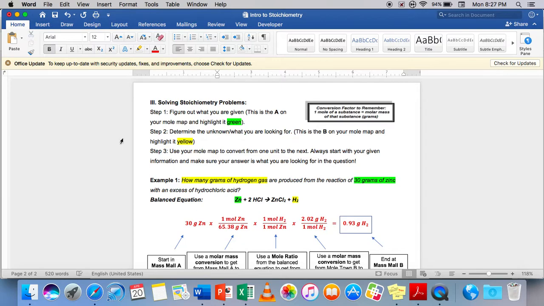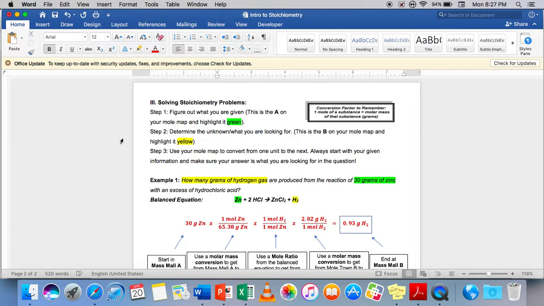Step number 2 is determine the unknown. So this is what you're looking for. In each problem, there's going to be some sort of unknown. It might say how many or how much. This is going to be the B on your mole map, the right-hand side of your mole map that we added. What I want you to do in this case is to highlight it yellow.